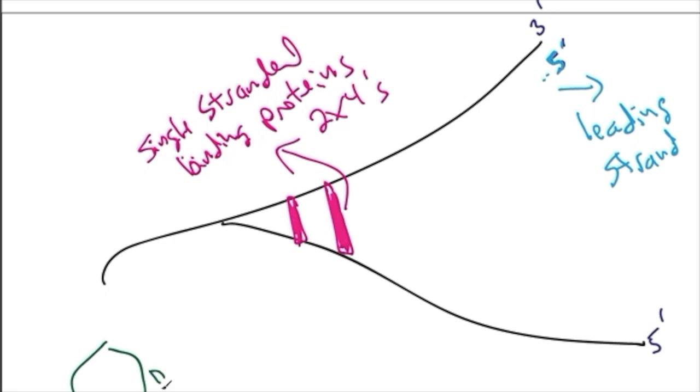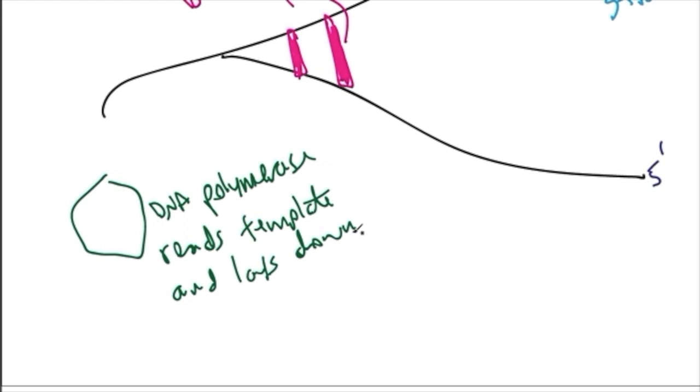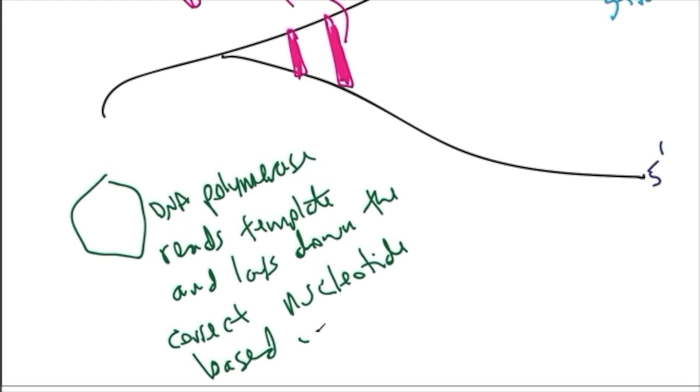Alright, so DNA polymerase reads the template and lays down the correct nucleotide based on base pairing rules, which this guy named Chargaff came up with.